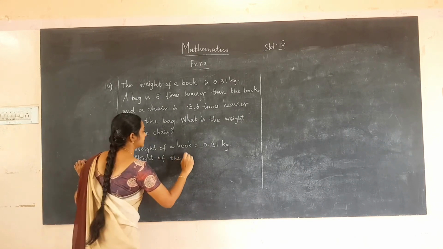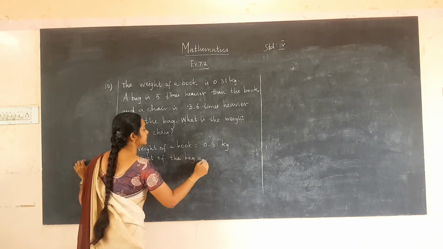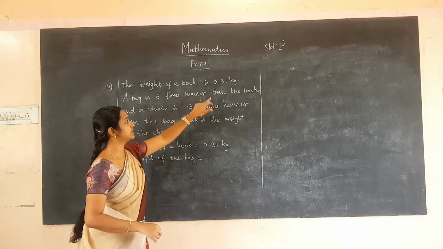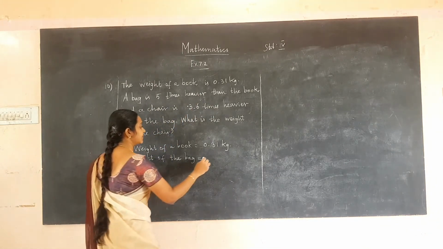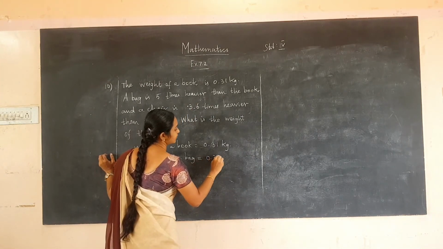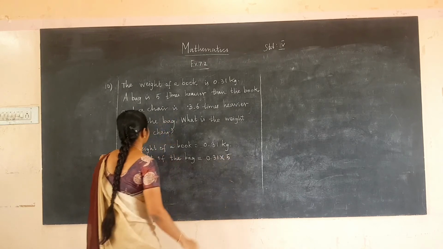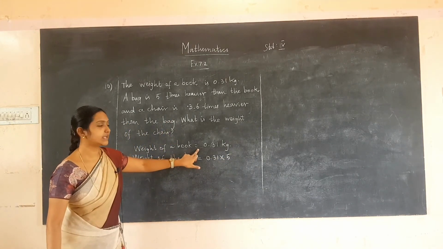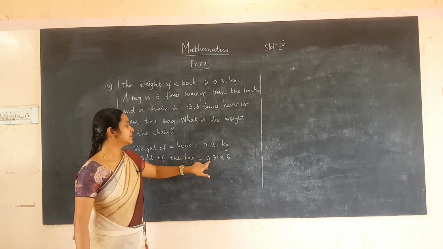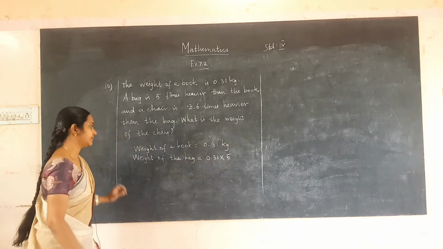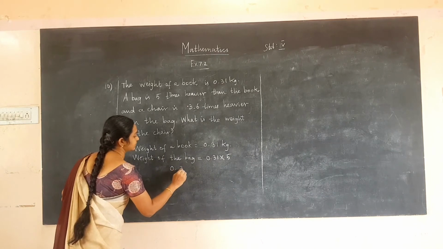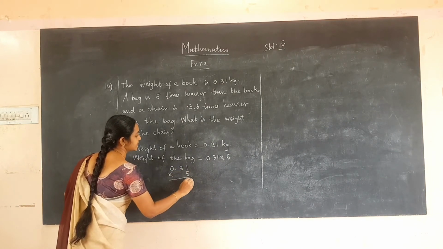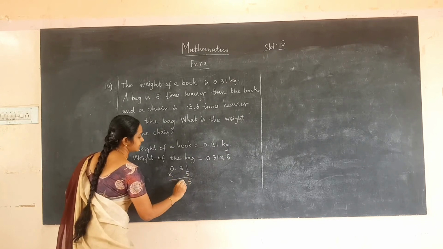Weight of the bag. A bag is 5 times heavier than the book. So we have to multiply 0.31 into 5. So we have to multiply 0.31 and 5. 1 fives are 5. 5 threes are 15.